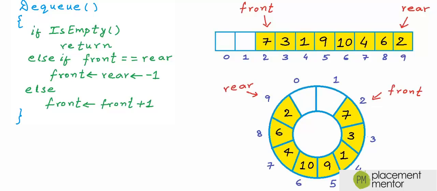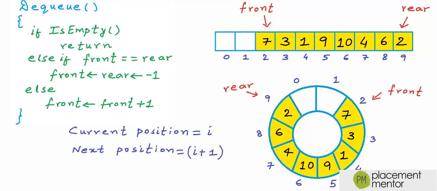Remember, this is only a logical way of looking at the array. In circular interpretation of the array, if I'm pointing to a position and my current position is i, then the next position or next index will not simply be i plus 1. It will be (i plus 1) modulo the number of elements in the array, or the size of the array. Let's say n is the number of elements in the array. Then the next position will be (i plus 1) modulo n.